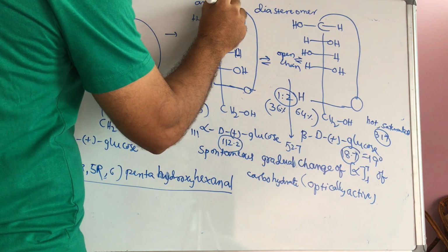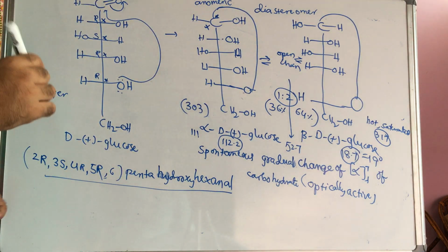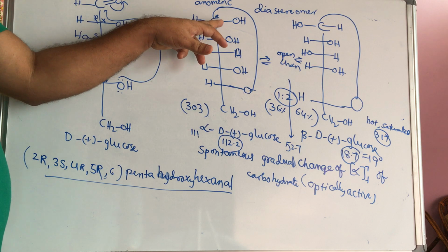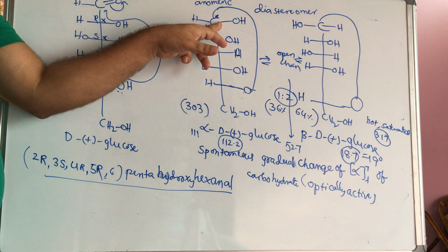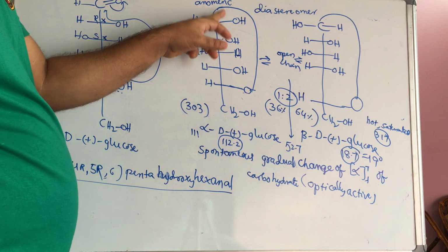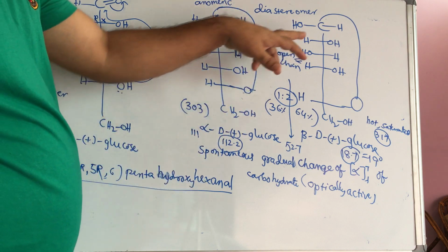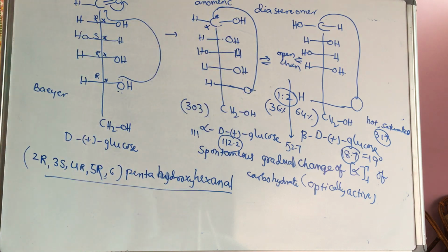What is the anomeric carbon? Configuration different at the hemiacetal carbon, or first carbon in cyclic form, that is called the anomeric carbon. So alpha and beta forms are known as diastereomers.